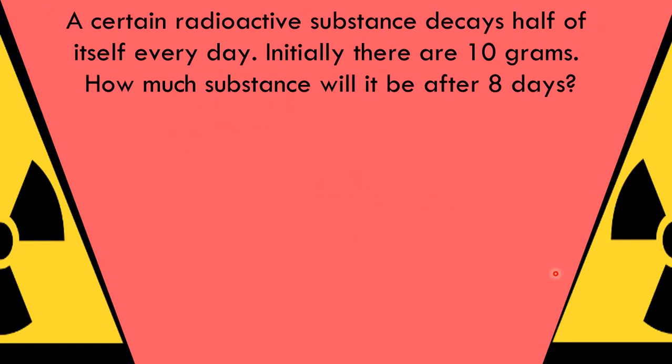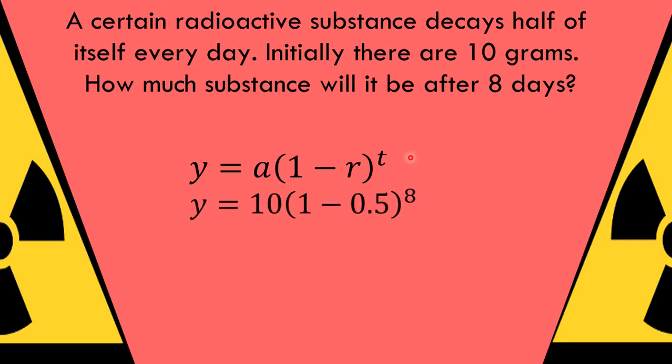Another example: a certain radioactive substance decays half of itself every day. Initially, there are 10 grams. How much substance will there be after 8 days? Again, we have this formula for exponential decay: y equals a times 1 minus r raised to t. We have the initial amount of 10.